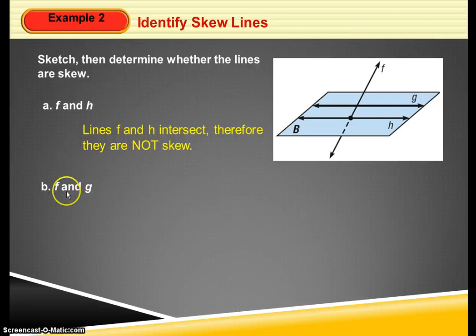How about letter B, F and G? F is right here. Now G is back here. It seems like F and G might intersect at this point.